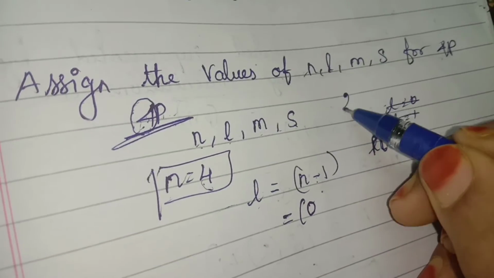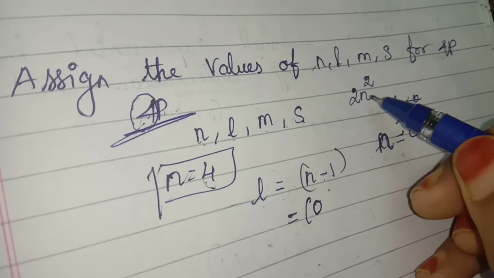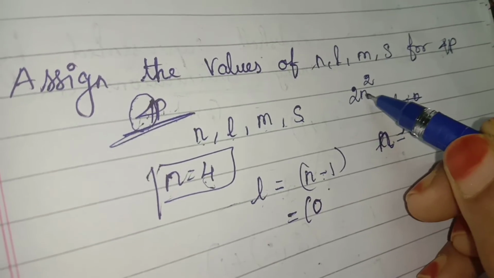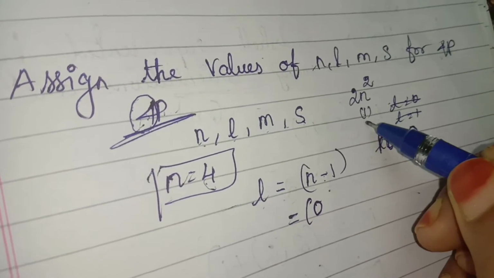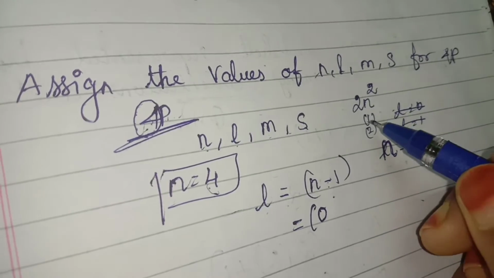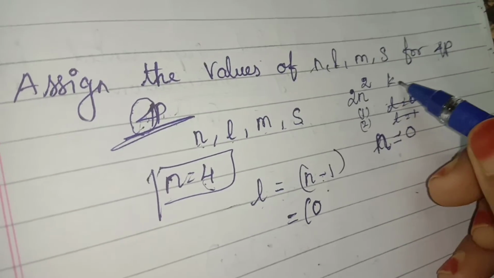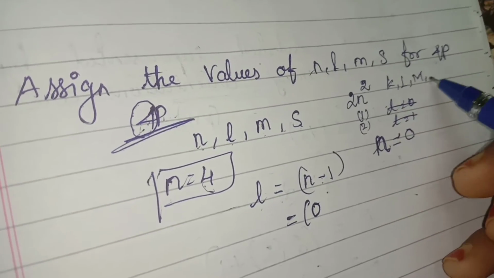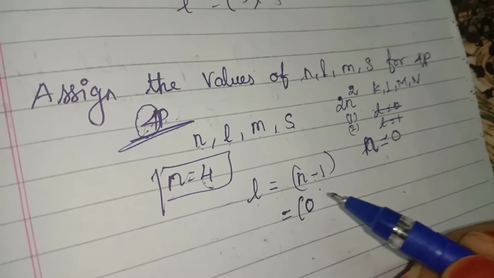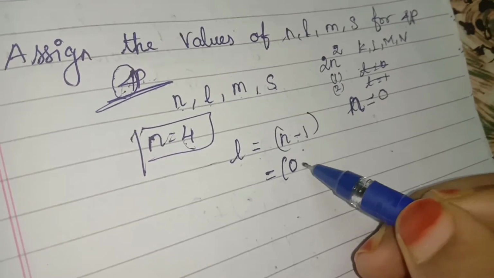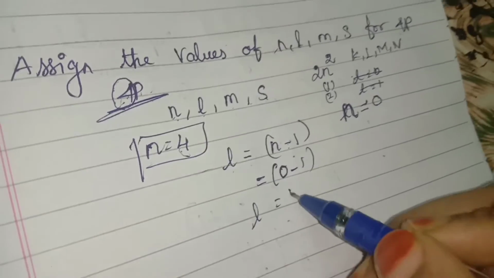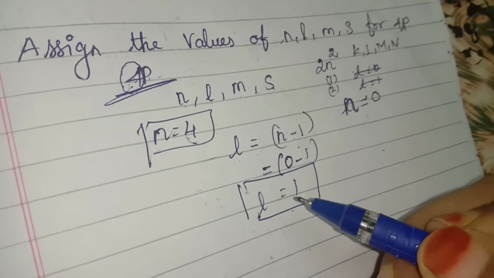In the previous video, we did the 2n squared formula like that too. For N value we wrote 1, for N value we wrote 2, and like that we determined how many electrons will be present in the K, L, M, N shells. Like that here we write 0. So 0 minus 1, L is equal to 1. That is the L value we got here.